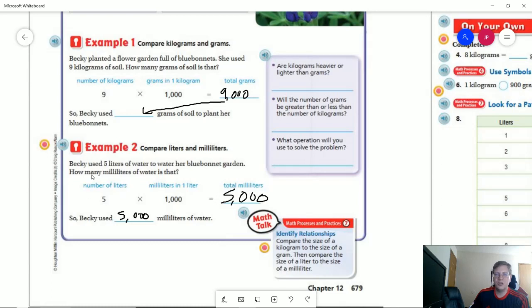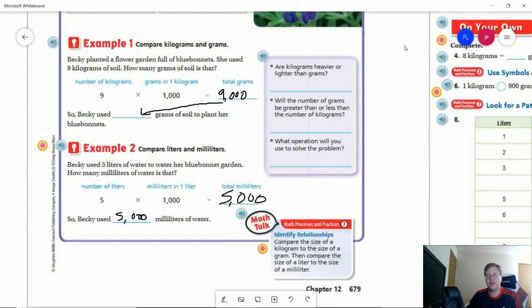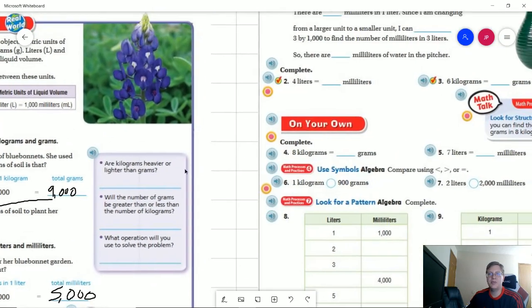This is our standard unit of measurement for the metric system, and everything is based on 1 liter and going either larger or smaller. We are starting with kilograms and going backward to grams instead of doing grams to milligrams. So just something to keep in mind.